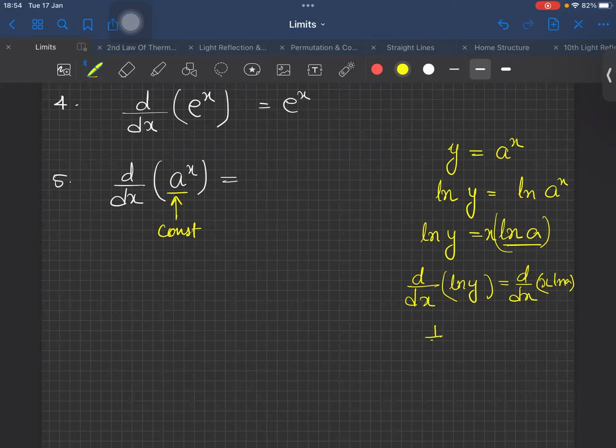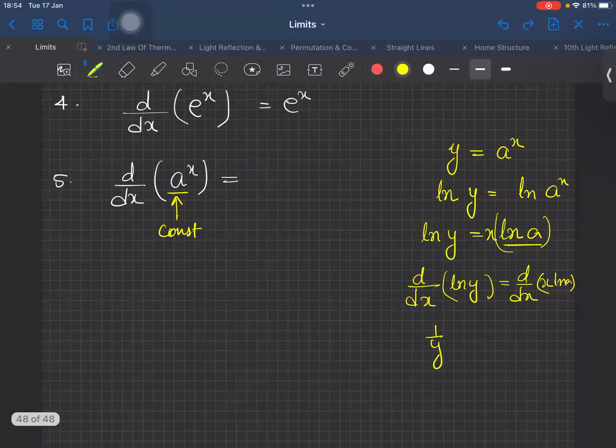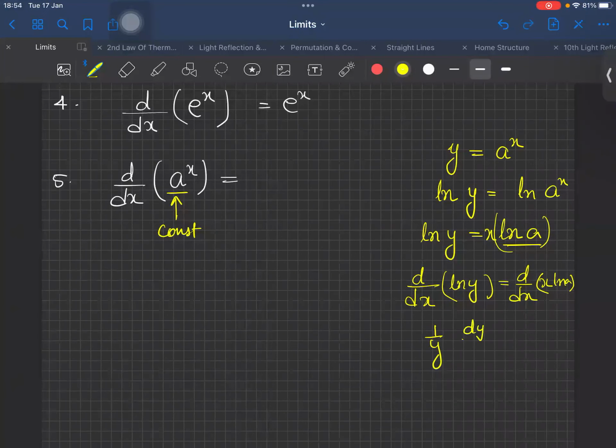This will be 1 upon y dy upon dx, which is equal to... Have we done logarithmic derivatives? Before I give you all the answers, have we done logarithmic derivatives?